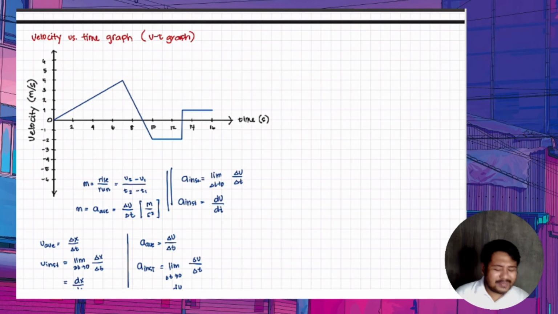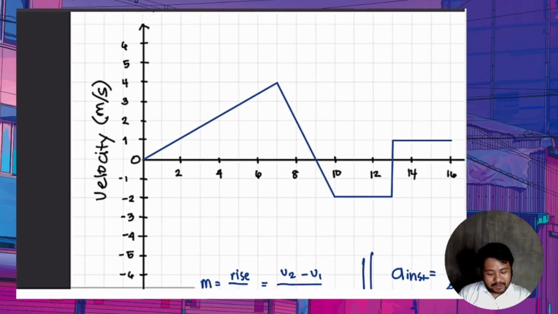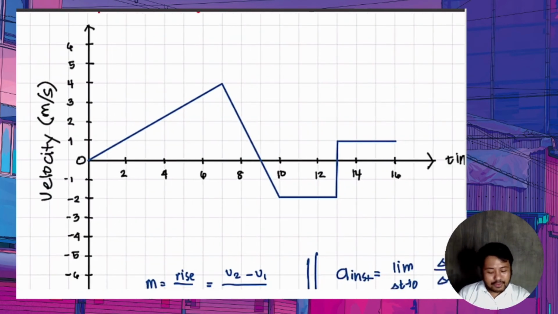Now, the velocity versus time graph will not just be focusing on the slope. Actually, velocity versus time graph is the most versatile graph because it gives you two information. It gives you also the displacement of your particle in a given time period. So let's say, for example, from 0 second to 7 seconds, if we want to get the displacement, we just have to get the area under the curve.